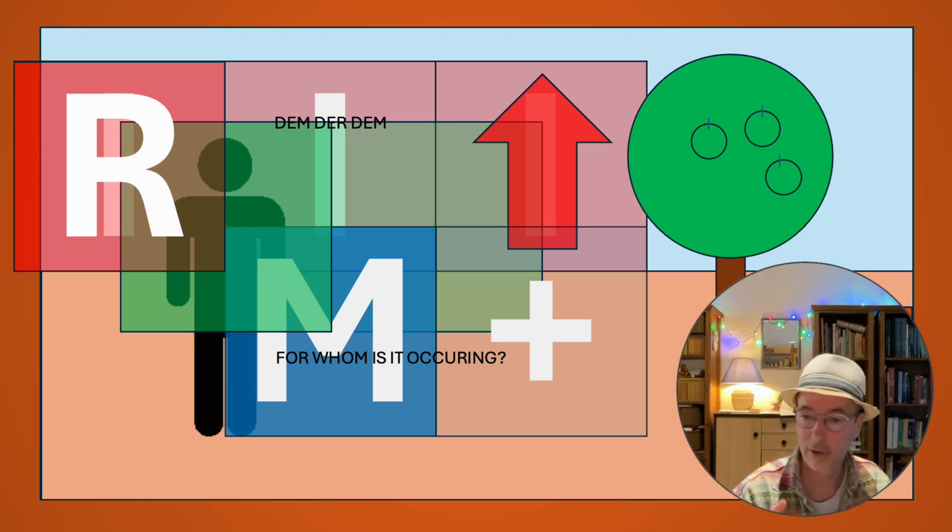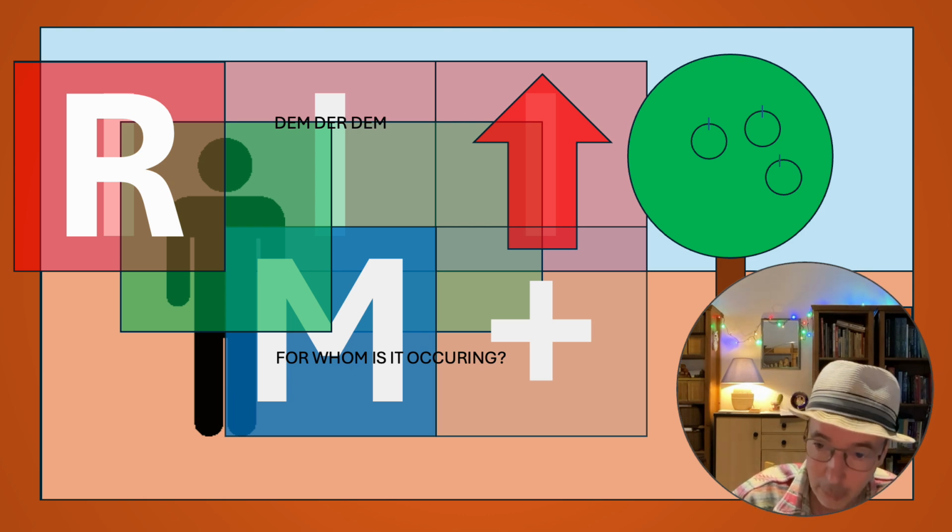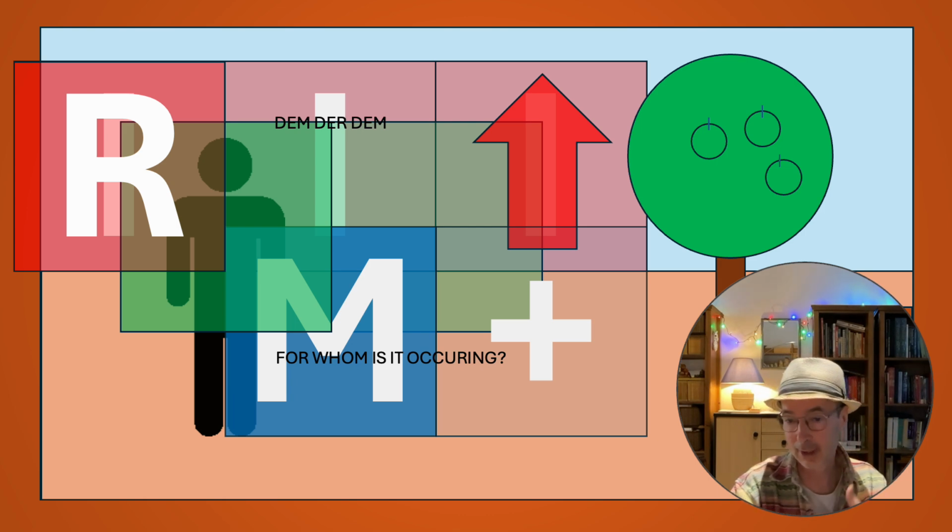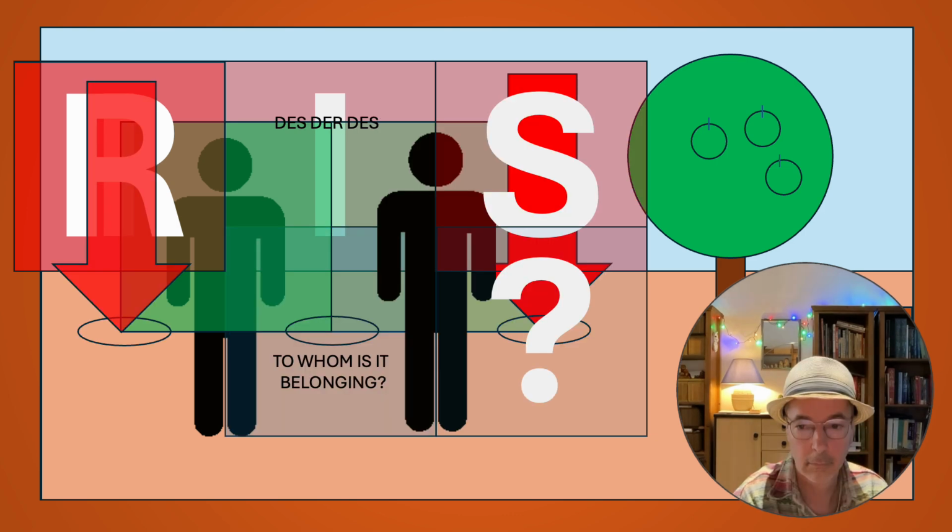You can see, okay, it's not for me directly, it's not directly to you, so it can be to anyone, and that is directed with the extra positions that you can associate with dem, der, dem, as in the background. So the extras that we have besides what you know, it can be that anybody belongs to anybody, to them, their. And once we position it back to where things belong to, we need des, der, des.